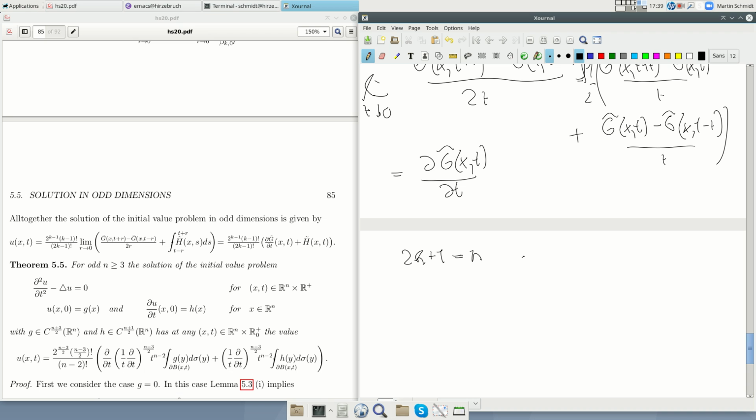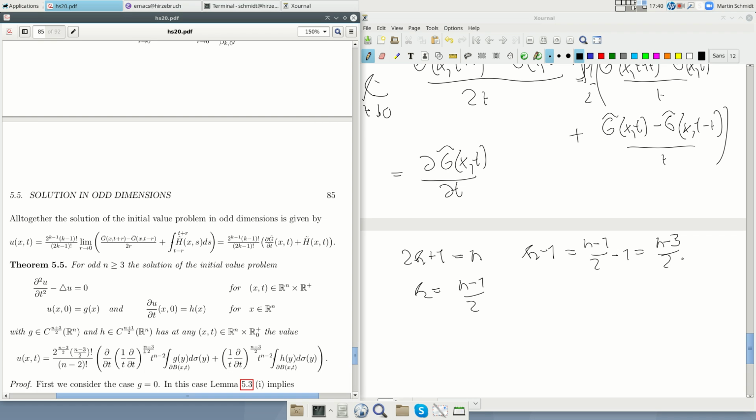Then what is k? K is clearly n minus 1 over 2. And what is k minus 1? This is n minus 1 over 2 minus 1, and this is n minus 3 over 2. Okay, so this is k minus 1.